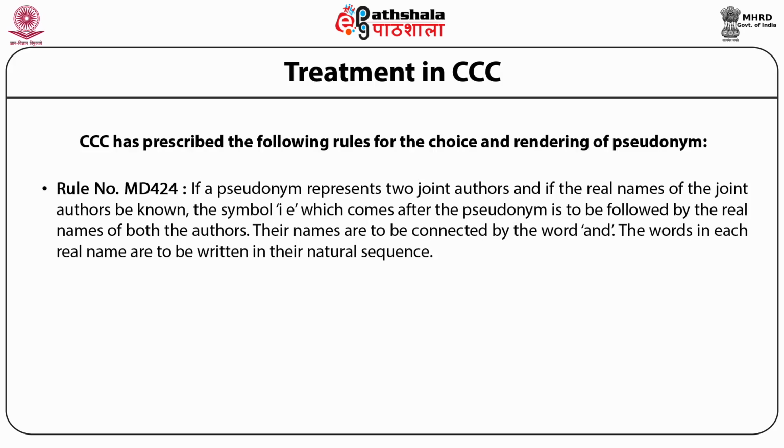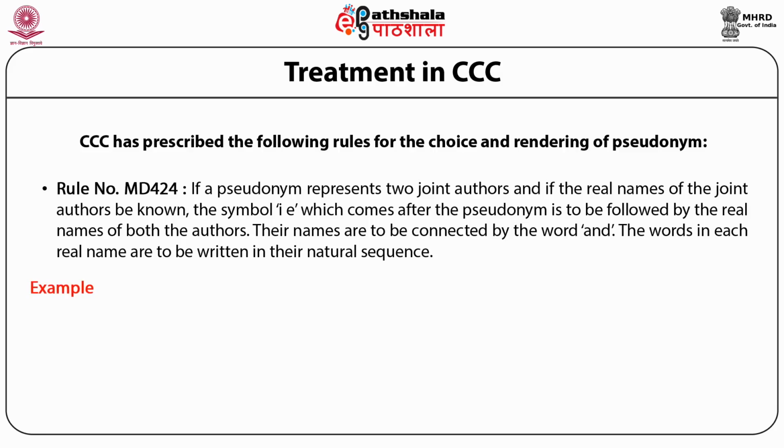Rule number MD424. If a pseudonym represents two joint authors and if the real names of joint authors be known, the symbol IE which comes after the pseudonym is to be followed by the real names of both the authors. Their names are to be connected by the word and. The words in each real name are to be written in their natural sequence.